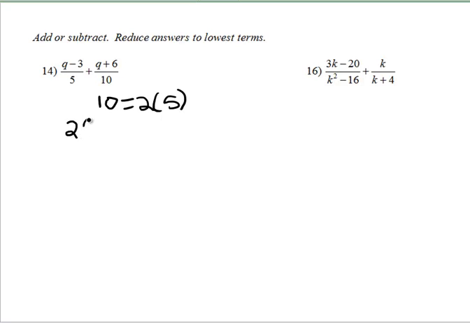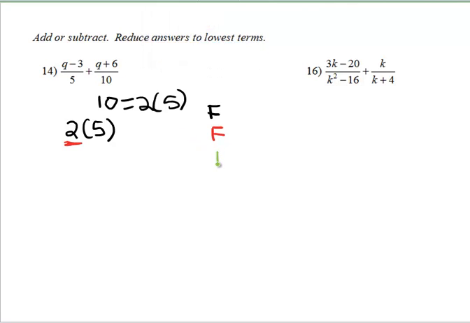So my greatest common factor is 2 times 5, or my greatest common denominator. So I factored number 1. Now I have to find the one that's missing. 5 goes into this, there's the 5, and the 2 is left over. So that's the find.